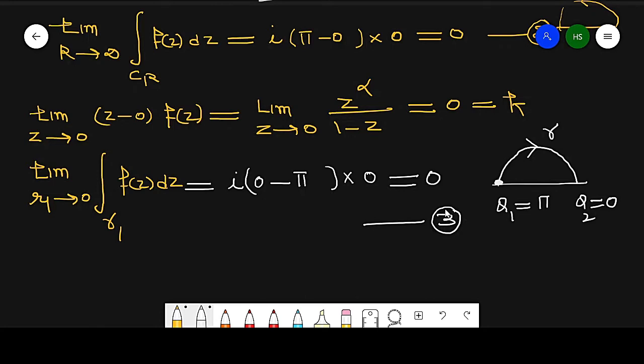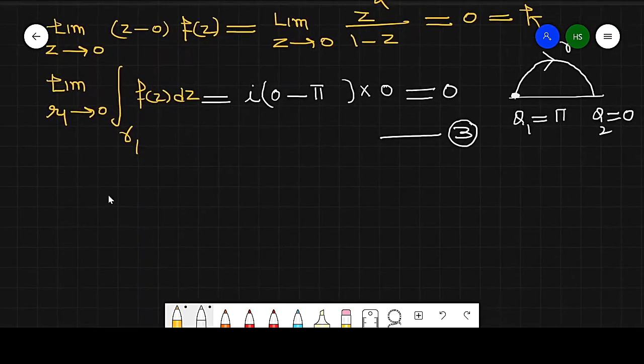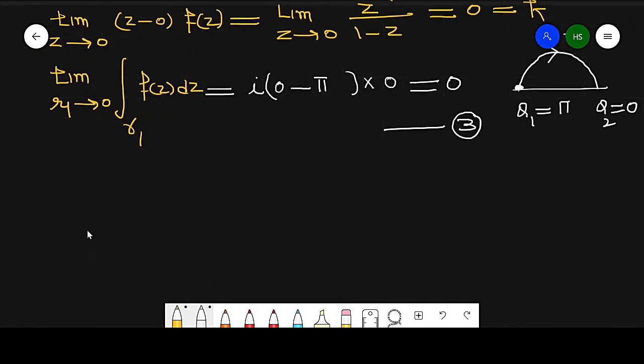Now the next term is z approaches 1, that is the integration of the function around the region gamma 2. So what is gamma 2? The limit as z approaches 1 of z minus 1 times f of z.